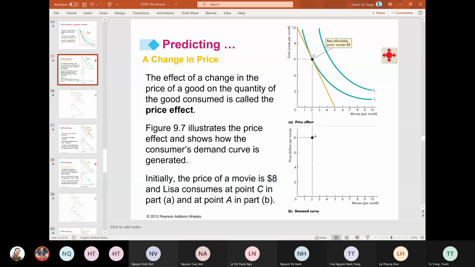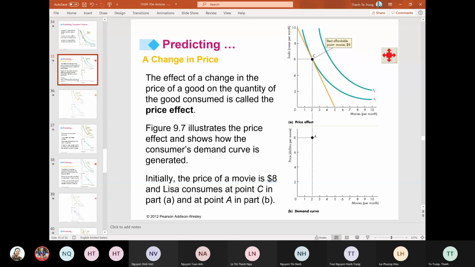When you see the change in the price of goods, we also illustrate the connection of the indifference curve and the budget line with how we derive the demand curve.